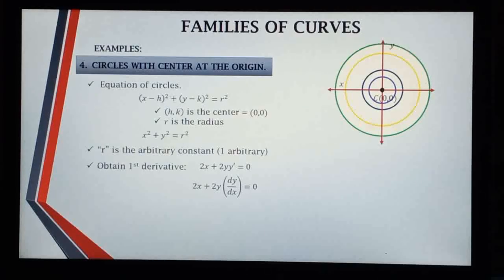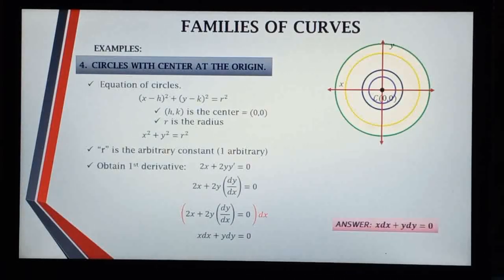So ang equation mo na ngayon is 2x plus 2y multiplied to dy over dx equated to 0. Then next step is multiplied yung equation sa dx. You will now have x dx plus y dy equated to 0. So the differential equation of the circles with center at the origin, you have x dx plus y dy equated to 0.